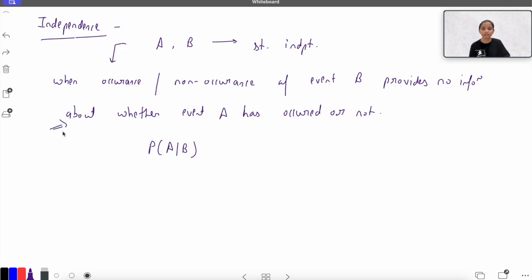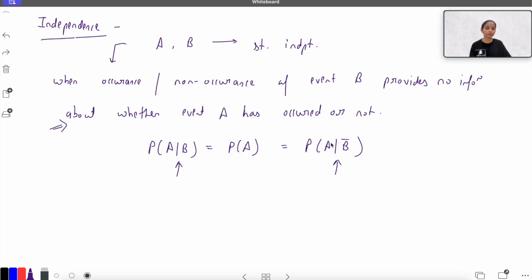Now when these two are independent events, the probability of occurrence of A would not be dependent on the occurrence of B. So this would be equal to probability of A, because they are independent. Similarly, probability of A would be equal to probability of A given B complement. This corresponds to the happening of event B, and this to the non-occurrence of event B. So they are not dependent on each other.